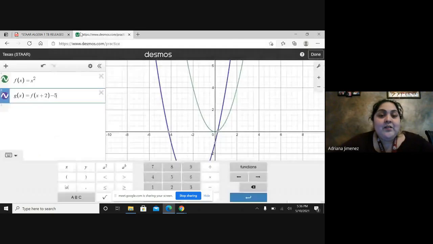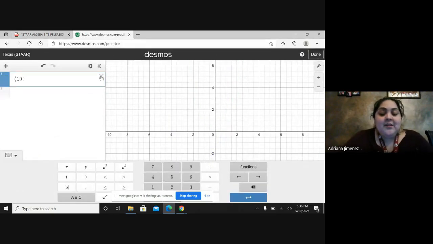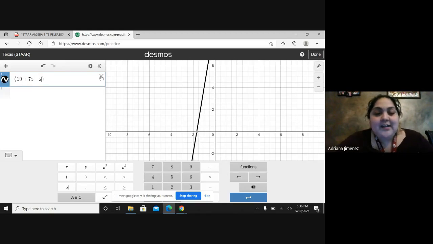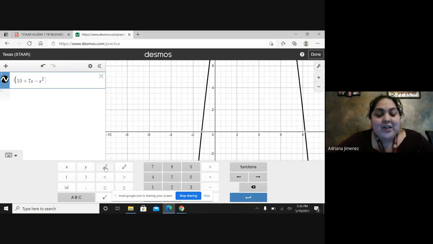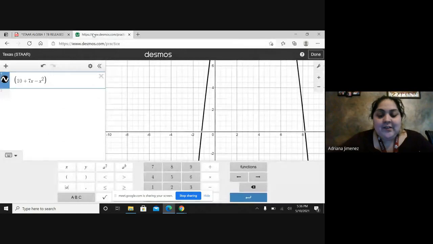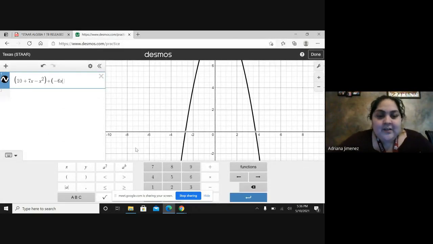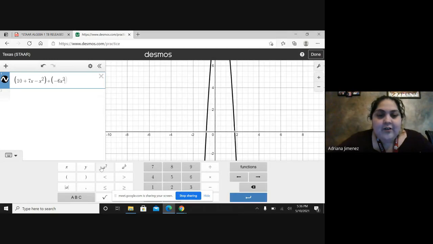So it says parentheses 10 plus 7x minus, oh, I can't do r, I have to do x, minus x squared. You can't use any other letters than x or y. And then it was plus in the middle, -6x squared.